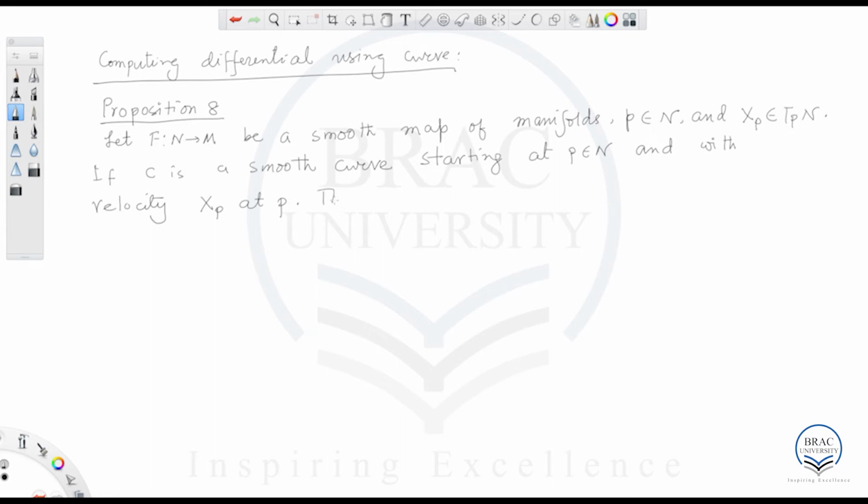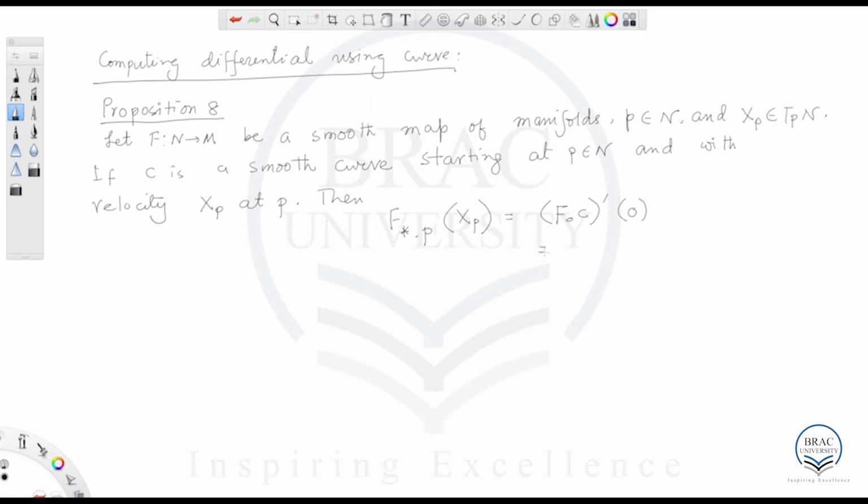Then the differential of this smooth map f at the point P acting on this tangent vector x sub p is equal to the velocity vector of this smooth curve f composed with c at the initial time t equal to 0.